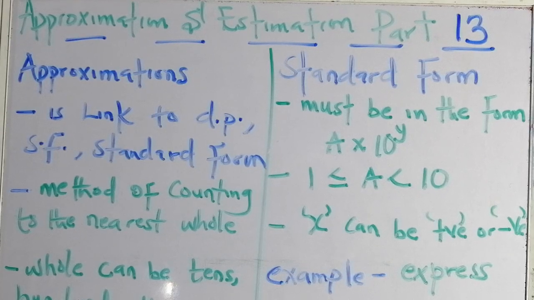So what do we mean by whole? That takes us to the third point. Whole can be tens, hundred, thousands, distance, weight, etc. What do I mean by etc?